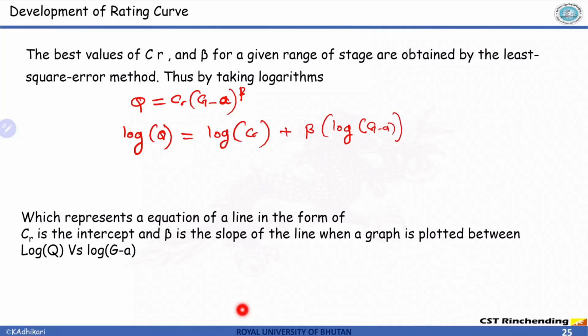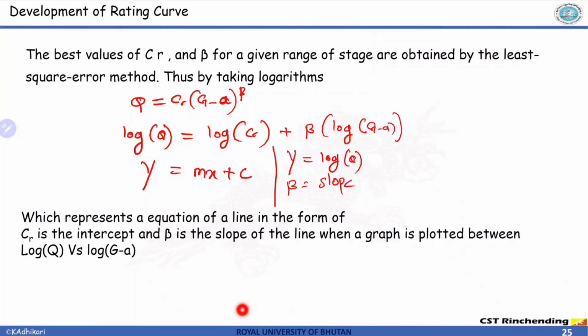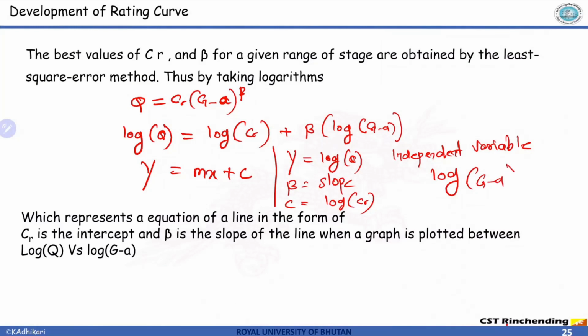So here we have the equation in the form of Y is equal to mx plus c, where Y, the dependent variable, is log Q, beta is the slope, right, and c, the intercept, is log of CR, and the independent variable is the log of (G minus A).